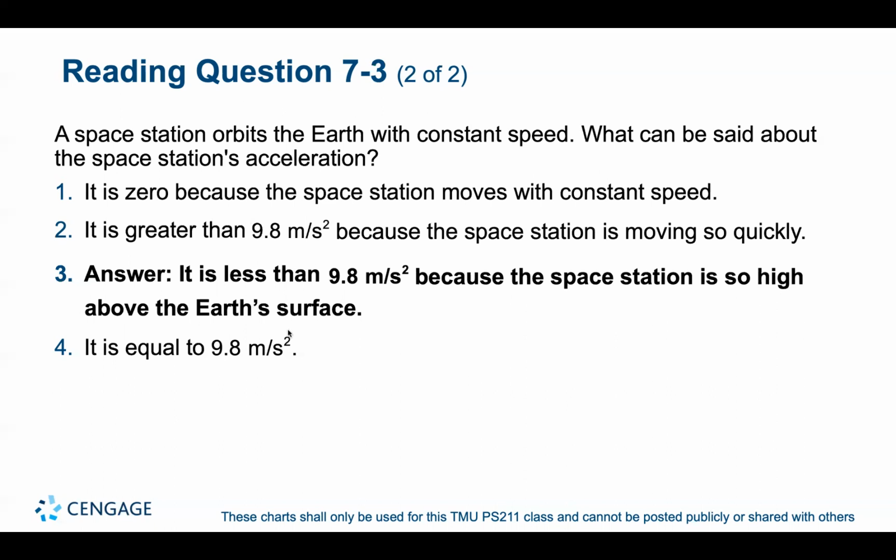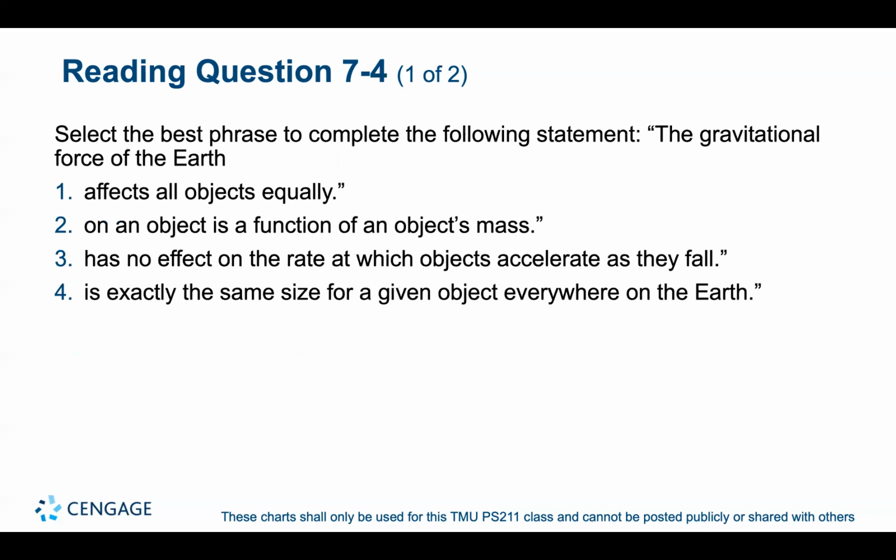The space station is something on the order of 200 miles above the Earth, so it's definitely going to be less than that. That's kind of the level of fidelity that would be okay for us to be thinking at this level with this overview survey of these various aspects of physics.